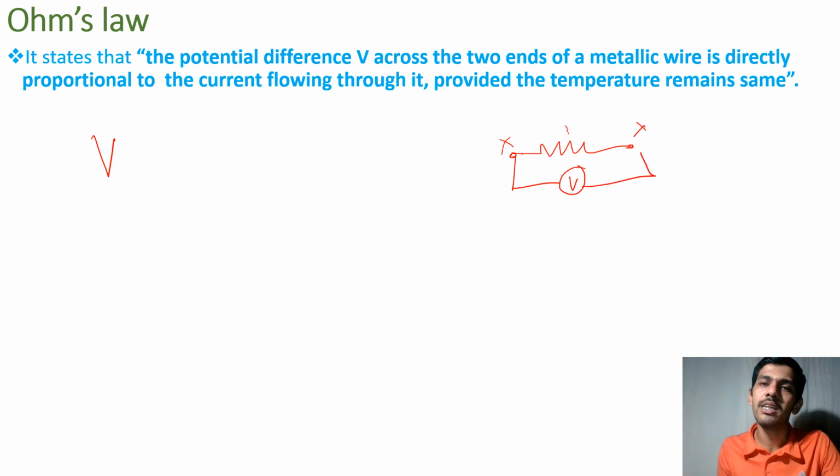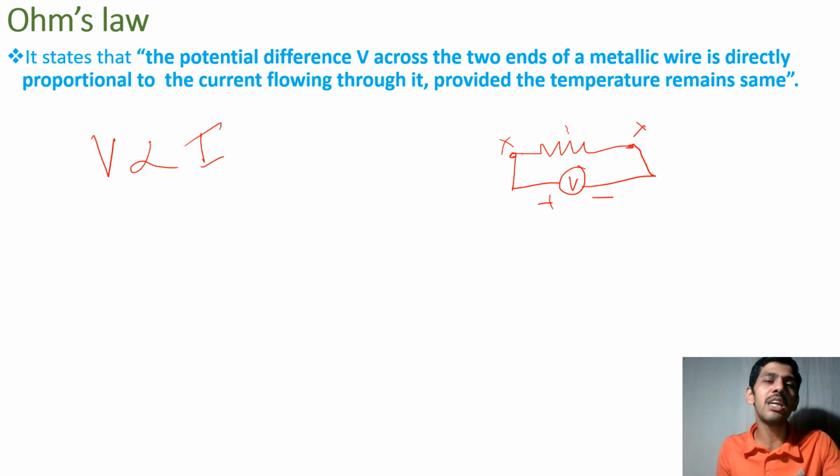So we have connected a voltmeter like this. Whatever reading we get in this particular voltmeter, that potential difference is proportional to the current flowing through it, I, provided the temperature remains the same.